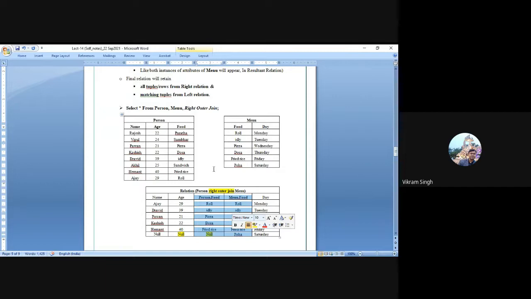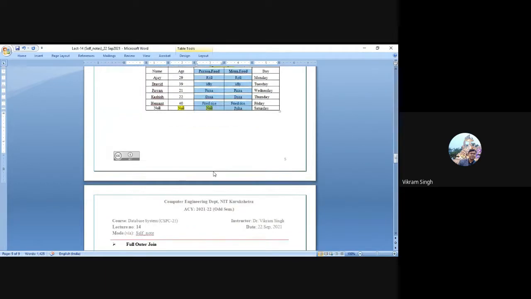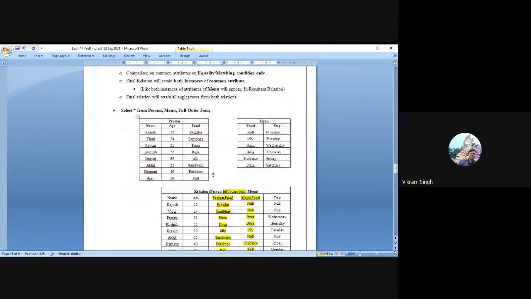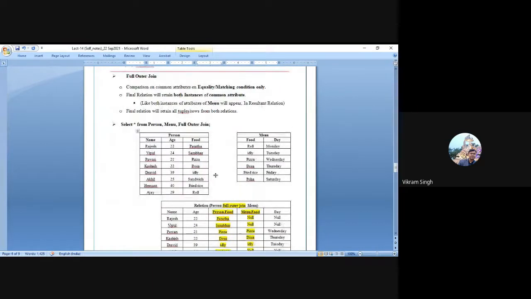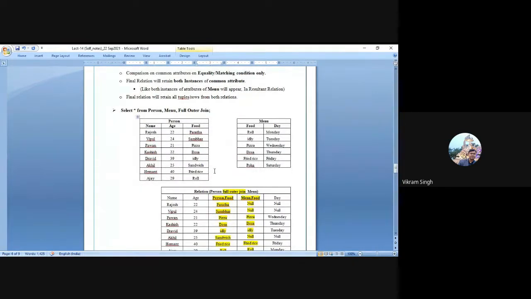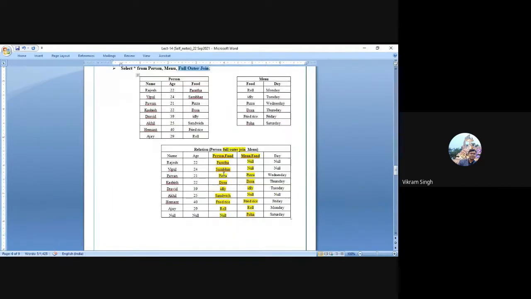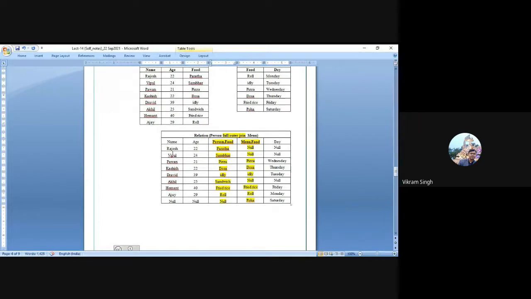Now, if you take the last possible case, which is called full outer join, full outer join says you need to retain or maintain all the tuples from the left, and all the tuples from the right side database table. So it will have a resulting table like this. All the tuples of the left side have been retained. All the tuples from the right side table have been retained. Due to which some additional null values have been added, right?